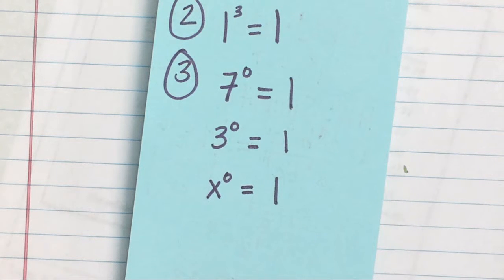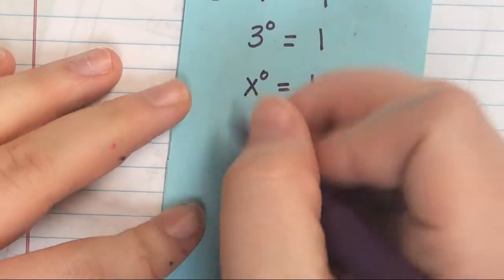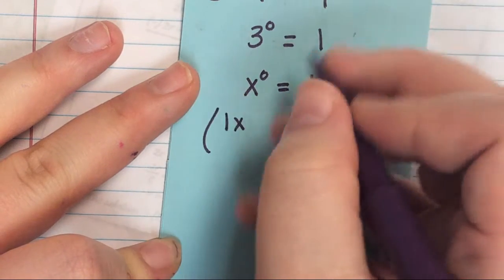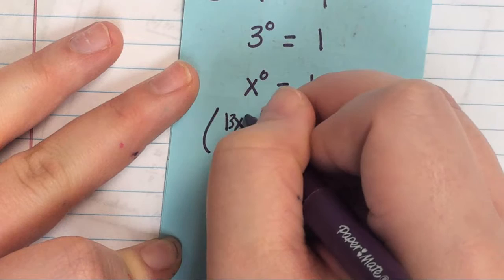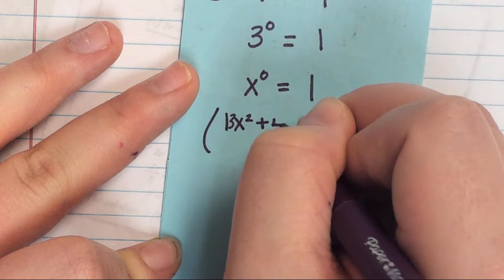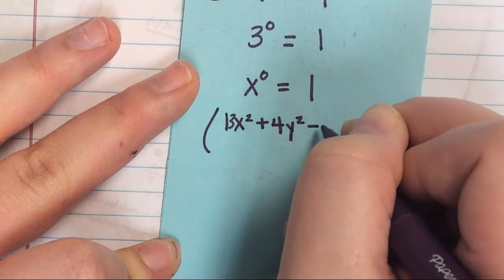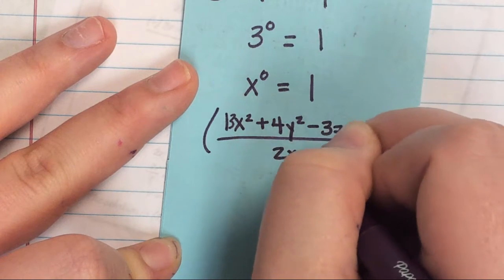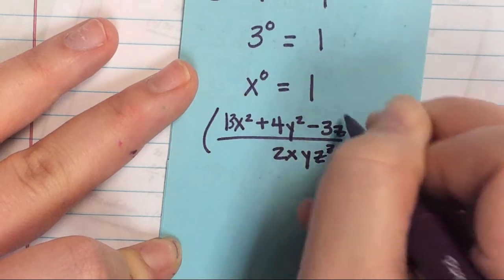Okay, and then we're going to come back and have a fourth secret in just a second. But I thought you should know that they could potentially put something really long, and I would love to do this to you, like 13x squared plus 4y squared minus 3z all over 2xyz cubed.